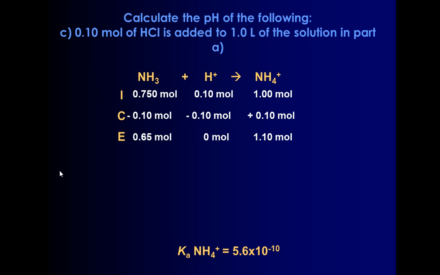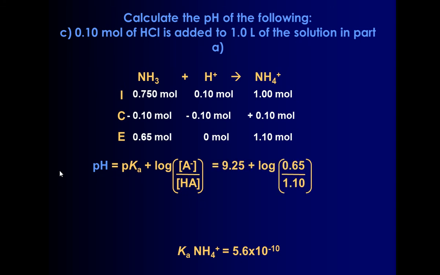We'll be able to mathematically determine what change took place or to verify which change took place using our Henderson-Hasselbalch equation. Again, the pKa is still going to be 9.25, the base is still the NH3, and the ammonium is still the conjugate acid, the 1.1. And again, you could use the same information with your Ka expression if you so choose to find your hydrogen.